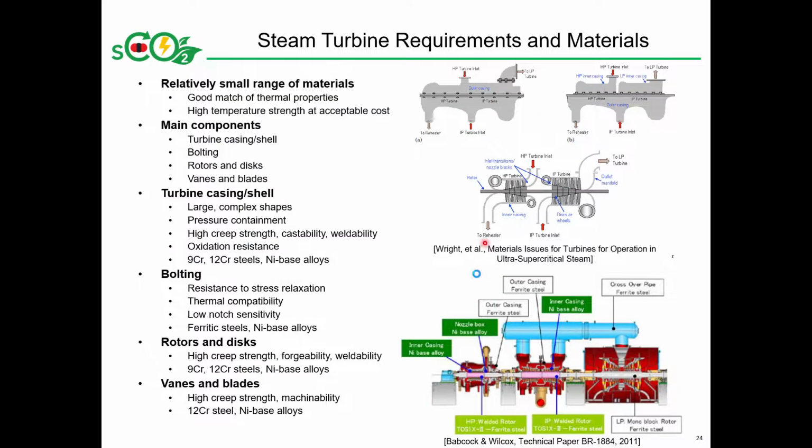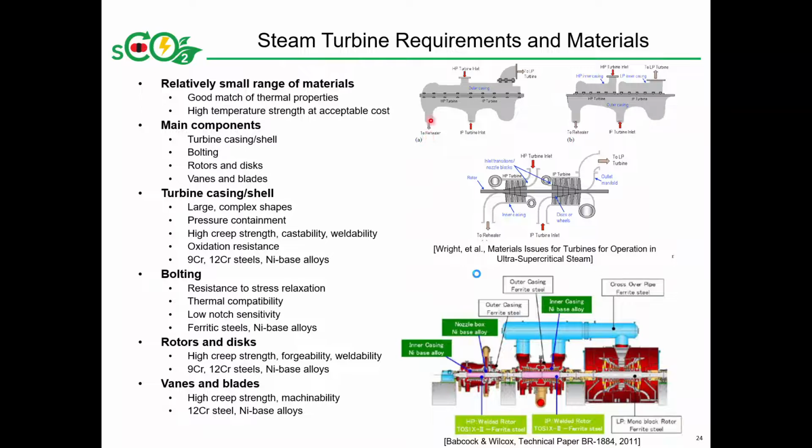So if we look at steam turbine requirements and materials, we'll go through this relatively quickly. There's a small range of materials that you can choose from for steam turbines, and some of the main requirements are a good match of thermal properties for the different materials that come into contact.